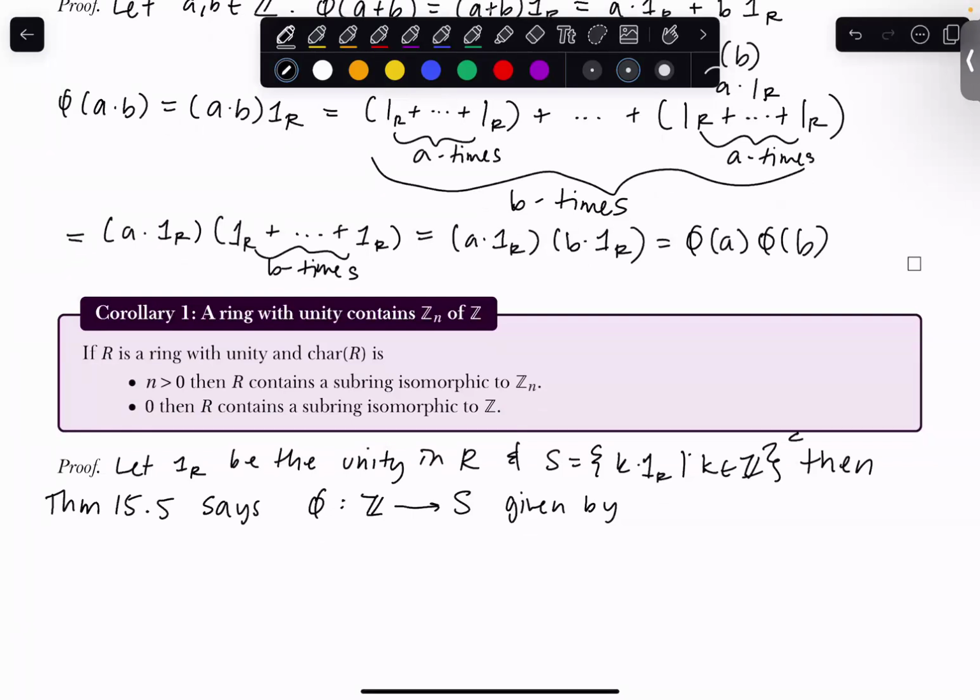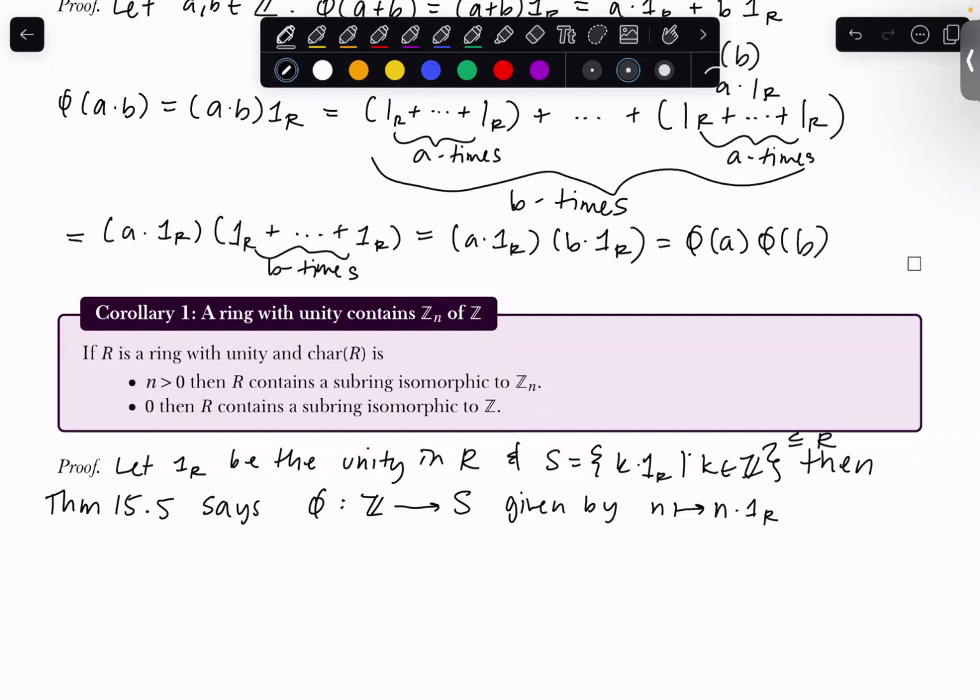Well, at the very least, we know that this is going to be a subset of R. But here, if I take the map that sends n, an integer, to n times 1, so the same map that we saw in our theorem, and we'll land in here, it's exactly what this looks like.